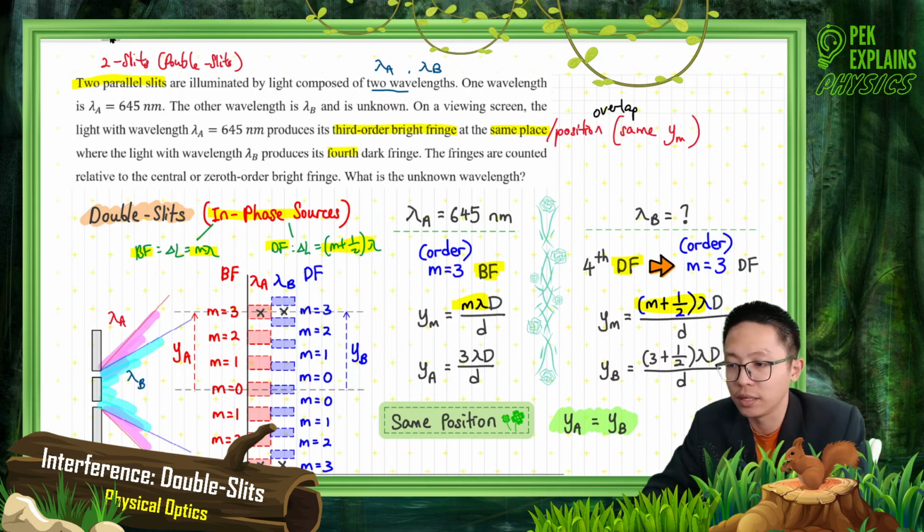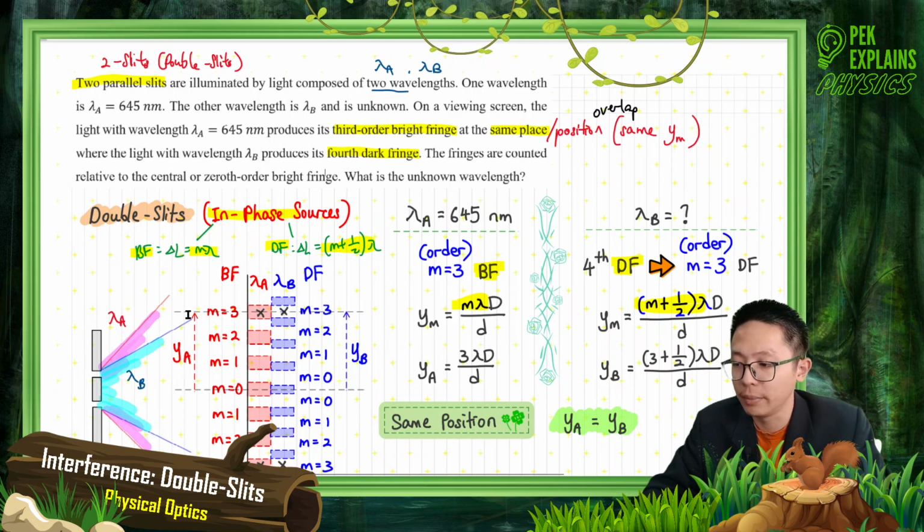So this is very important also. The fringes are counted relative to the central or zero order bright fringe. That means they measure from the central, which is the zero order bright fringe, m equal to 0 bright fringe.